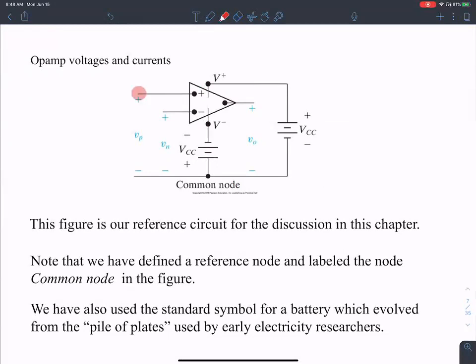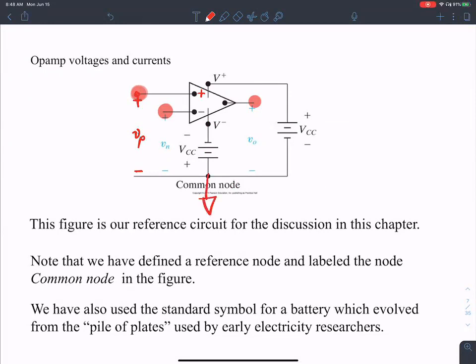The more interesting terminals are these two, and I call them by different names at different times. V positive is the voltage between the positive terminal and the common node.